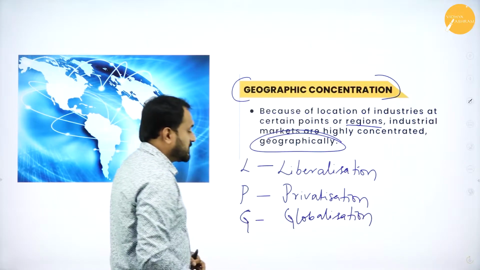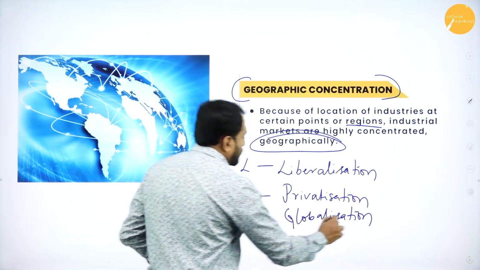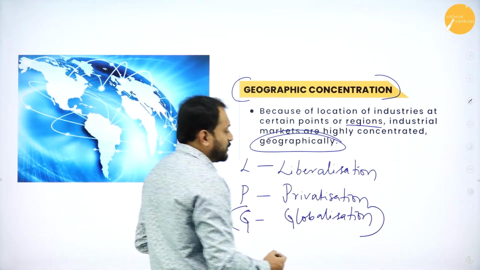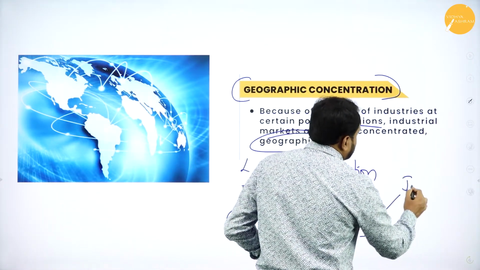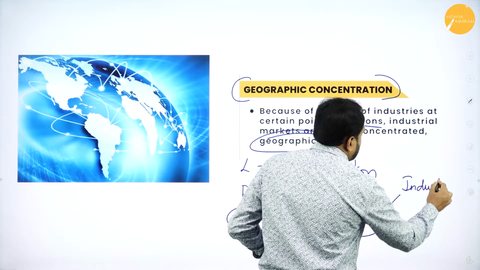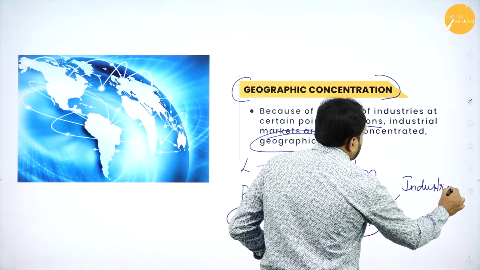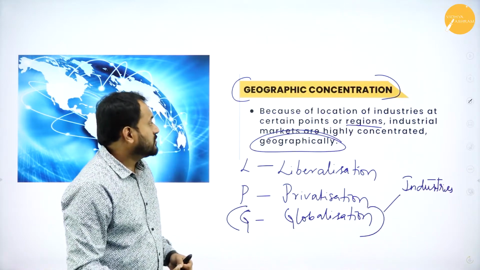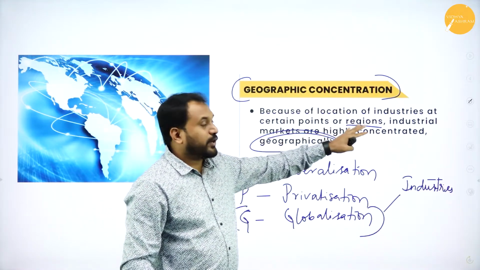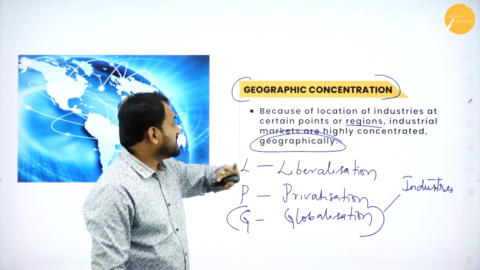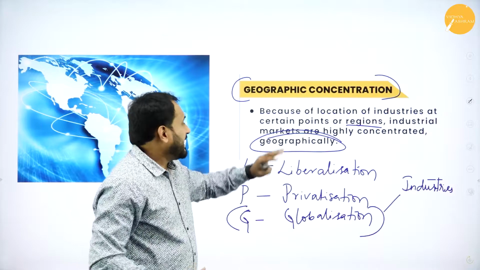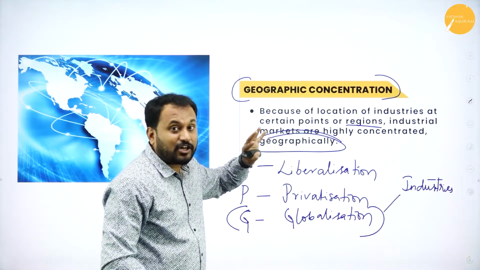What has happened is, because of this globalization, everywhere, wherever you go, you have industries. And the industries are giving competition to each other. Because of the location of industries at certain points or regions, industrial markets are highly concentrated.